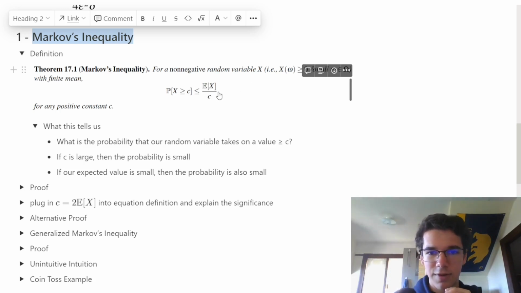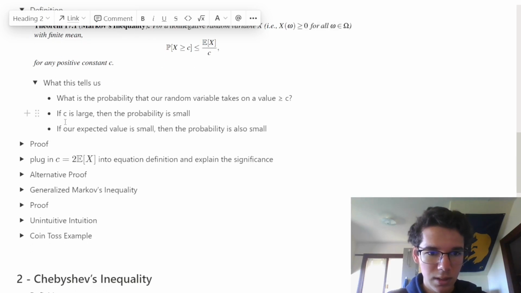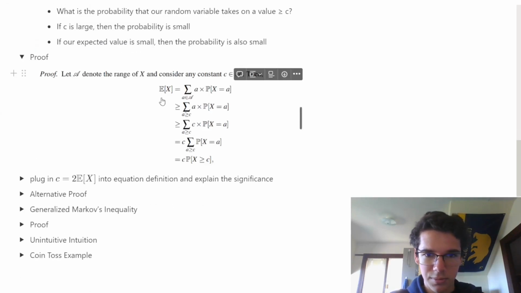But if we divide it by a large number, then this fraction is going to become small, right? And similarly, if our expected value is small, then the probability that we see something greater than or equal to c is also going to be small, just by this fraction right here. Okay, and so we're going to go over a proof.